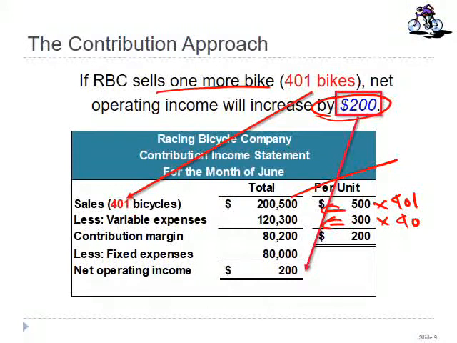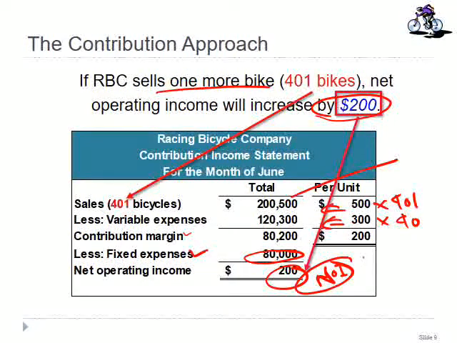The contribution margin is 200,500 minus 120,300, which is 80,200. 80,000 is our fixed cost, so the amount left, 200, is our net operating income, right? So from here we prove that whatever is left after covering fixed costs, the amount left in the contribution margin directly goes to net operating income.